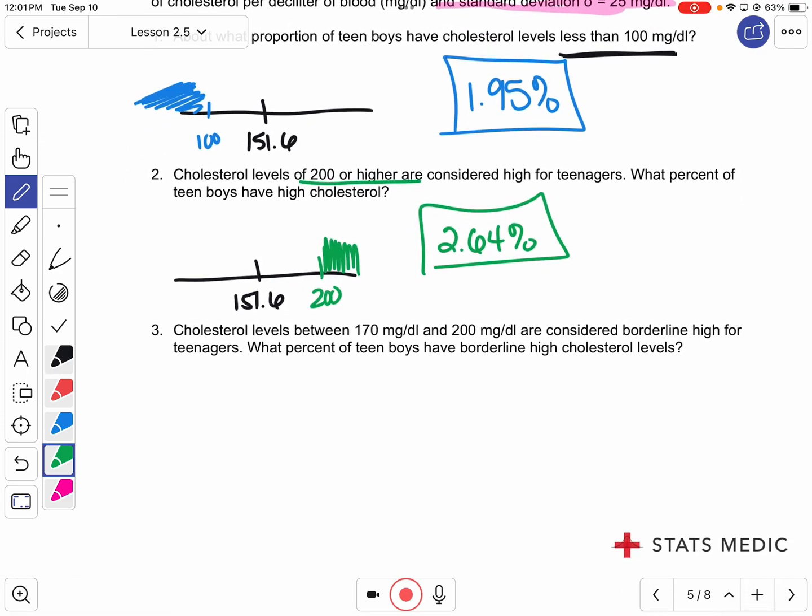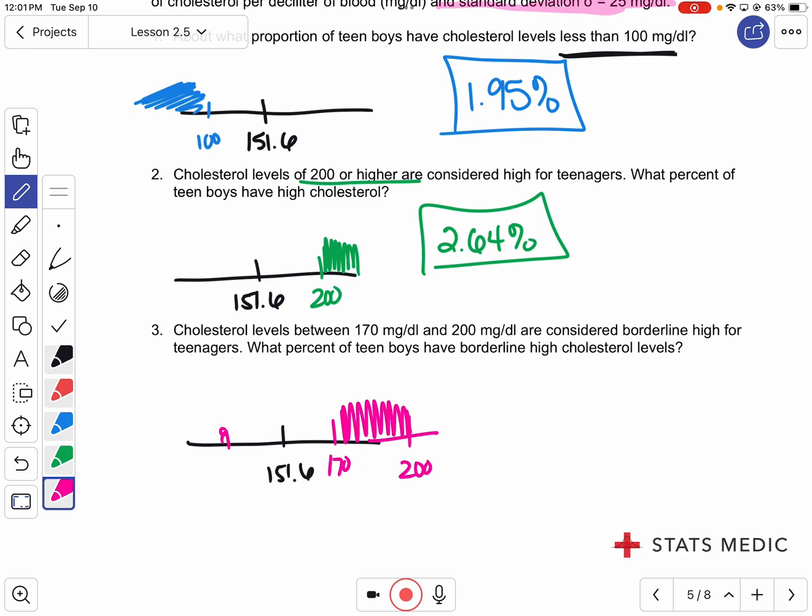Since cholesterol levels between 170 and 200 are considered borderline, what percent of teen boys have borderline high cholesterol? So think about that. We know 151.6 is in the middle, but this time it gave me 2 numbers, 170 and 200. They both happen to be above, or to the right, but I'm interested in the area between those 2 numbers, okay? So they don't have to be on opposite sides of the mean in order to do between 2 numbers.